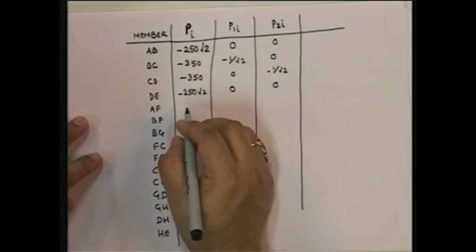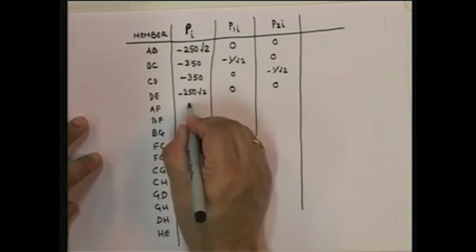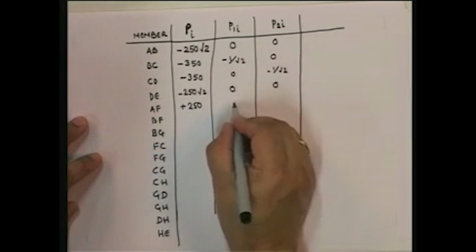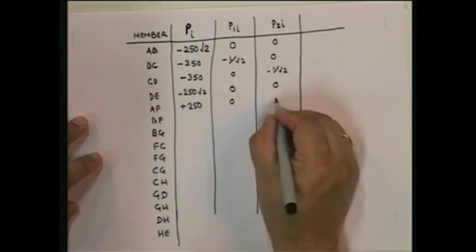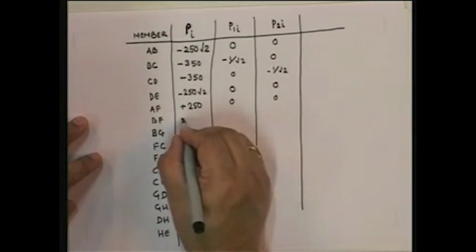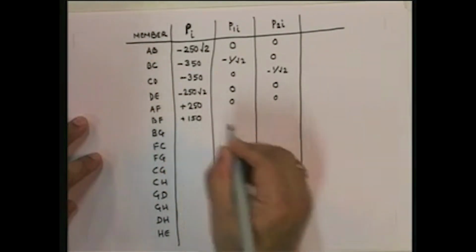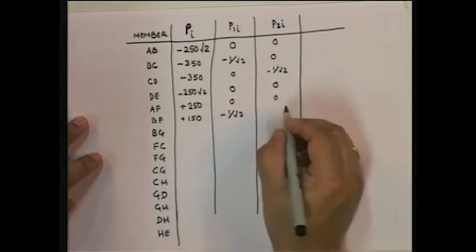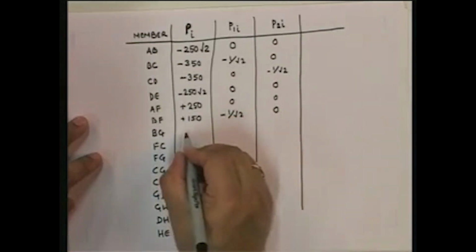AF is plus 250 because it's tension, and in the other two cases AF is 0. BF is plus 150 here, minus 1 over root 2 here, and 0 here.